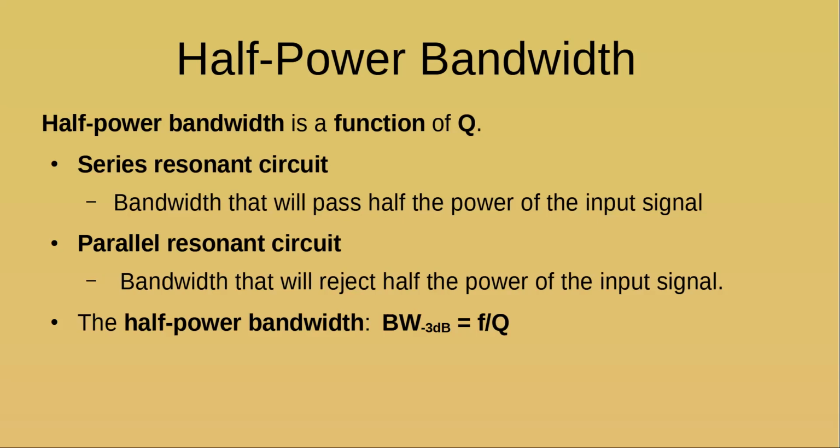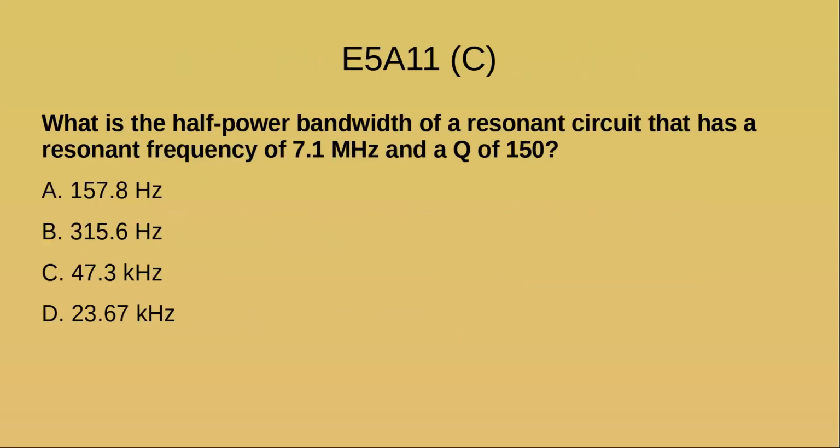So we'll see examples. What's the half power bandwidth of a resonant circuit that has a resonant frequency of 7.1 megahertz and a Q of 150? Now, I need a calculator.